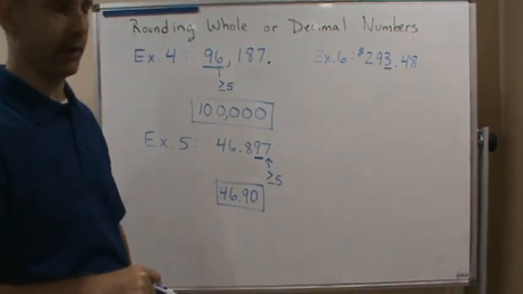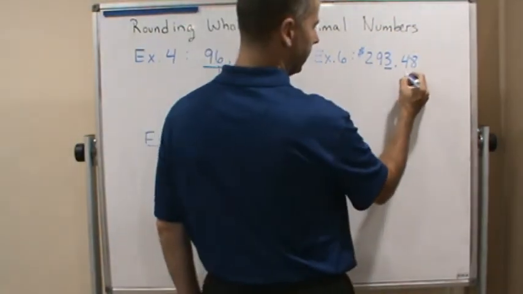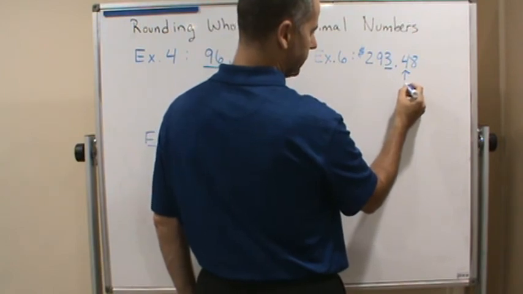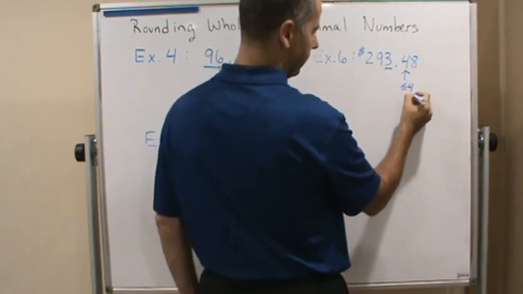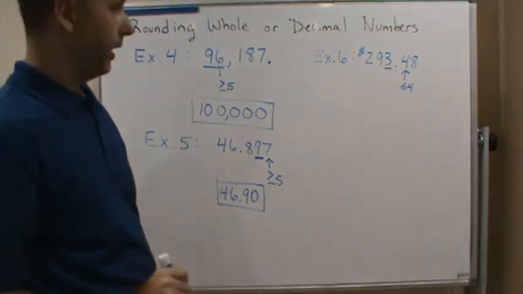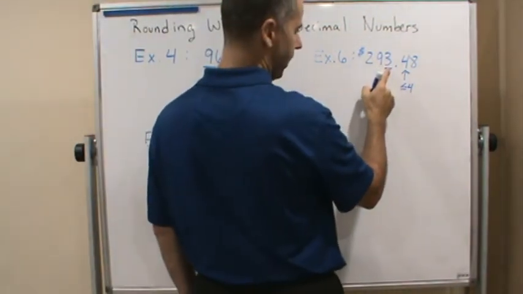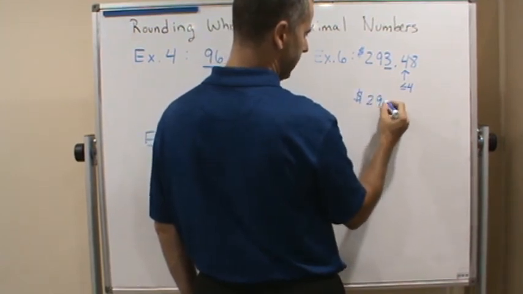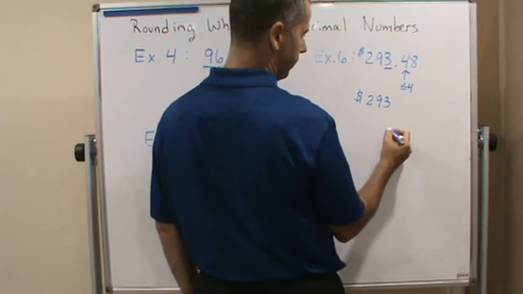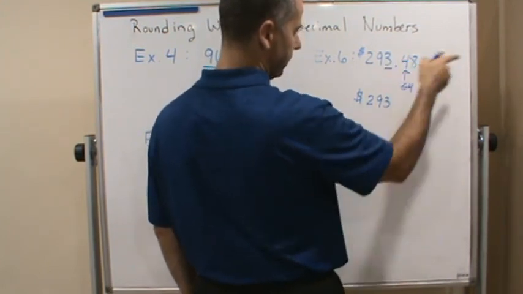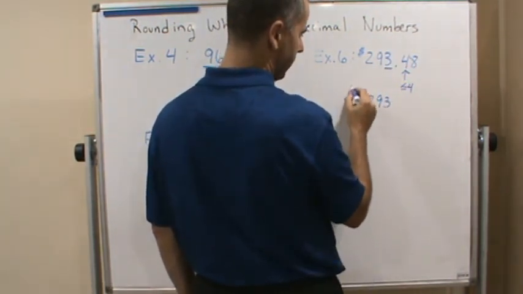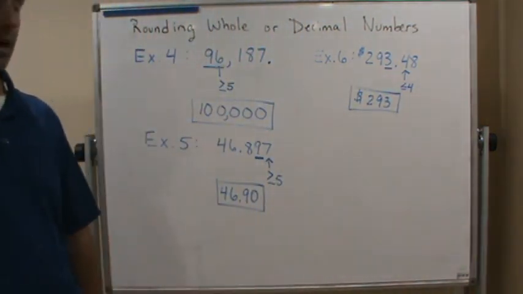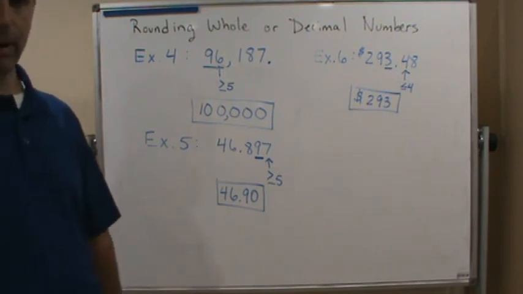So we're going to look at the 4, and this is less than or equal to 4. Then that means we're going to leave this unchanged. So the nearest dollar means it's going to be $293, and everything to the right of the decimal point gets dropped. And that's our answer. That's our approximation by rounding.